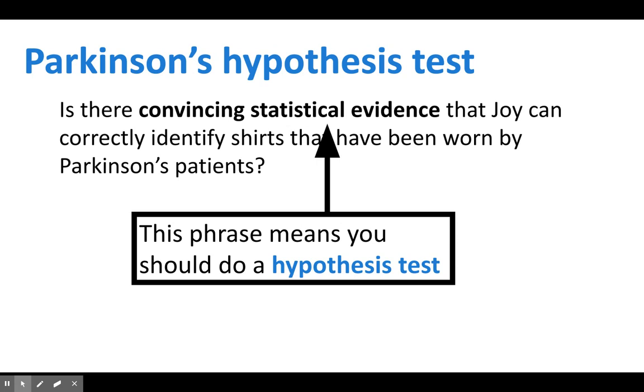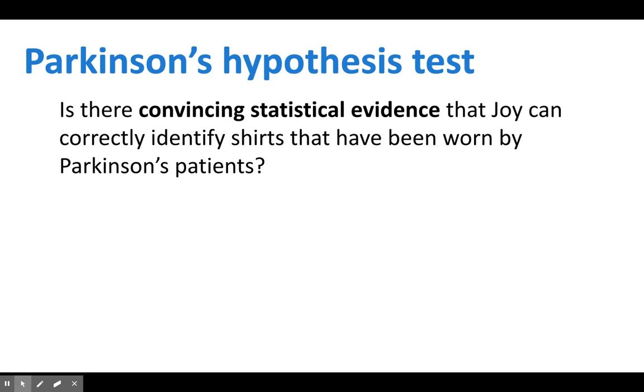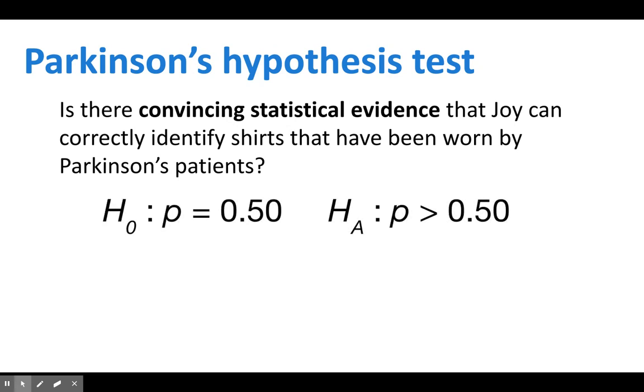In statistics, for our class, the only way that we can gather convincing statistical evidence is doing a hypothesis test. And just a reminder, it's all based off these two hypotheses: does p equal 0.5, or is p greater than 0.5? We're trying to gather evidence for the alternative.